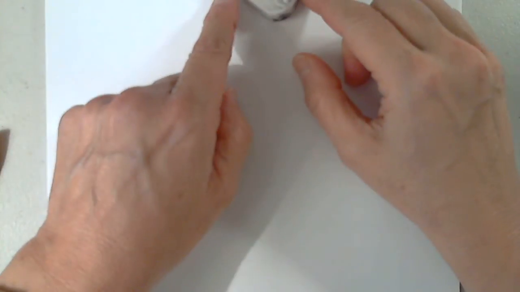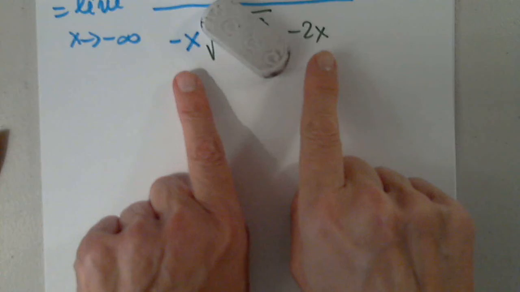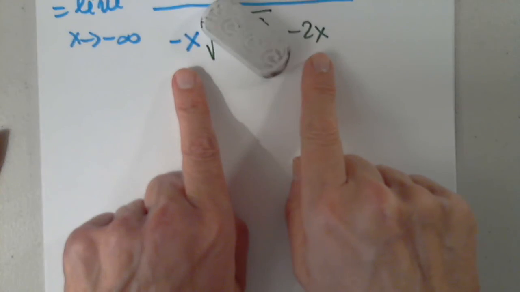Now, I would like us to factor out the degree. Let's say this is a number. It's not. But for a moment, let's say it's a number. What will you factor out from these two terms?